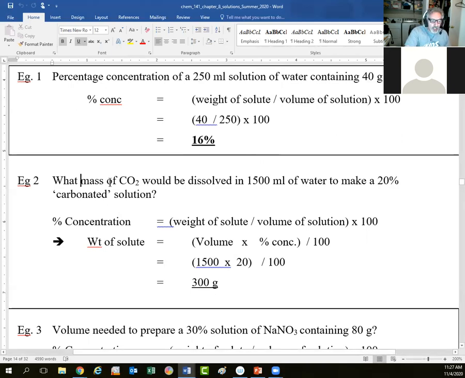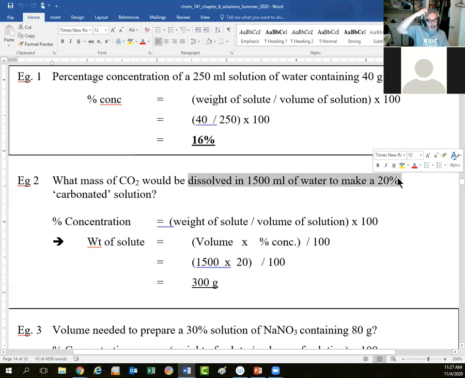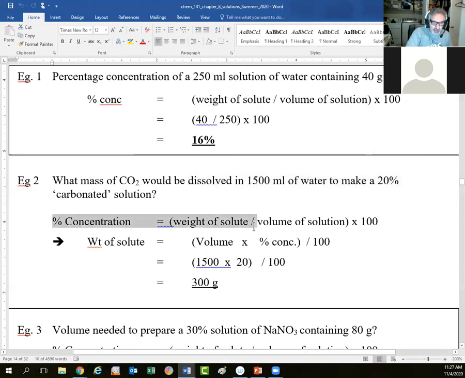Next one, looking for the mass of CO2 that you'd have to dissolve in 1500 milliliters of water to make a 20% carbonated solution. So start with our base equation. The percentage is equal to the weight divided by the volume times 100. Now we actually want to know the weight of the solute this time. So if we rearrange the equation, the volume moves across the equals, so it becomes a multiplier instead of a divider.